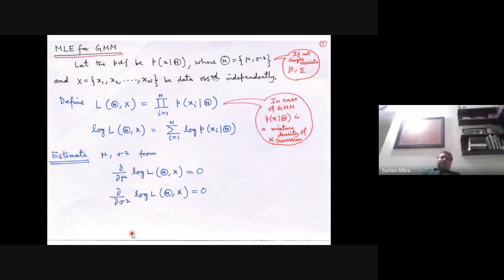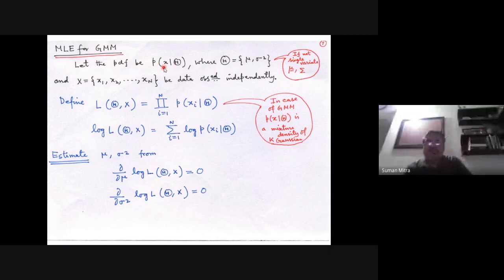Now we come to the maximum likelihood of GMM. Usually we say that maximum likelihood of GMM could be like this. So we have the PDF p of x given theta. This is not the MLE of GMM, this is the MLE of the Gaussian, because we are taking only one Gaussian.